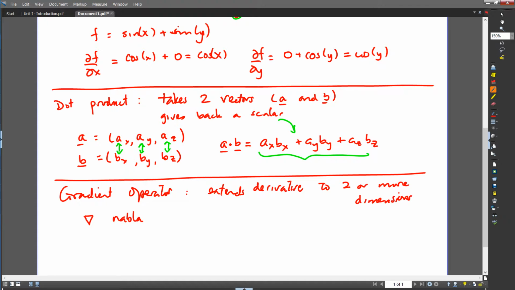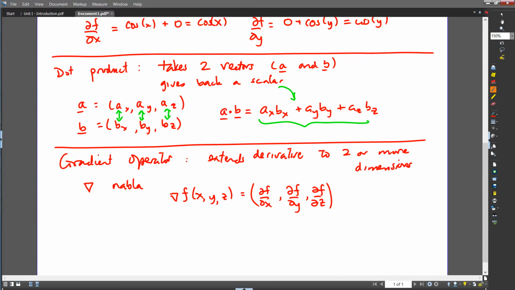And if I want to take the gradient of a function f, which depends on x, y, z, then what I do is I take df dx, df dy, df dz, and they form a vector. So the df dx is the x component of the vector, the df dy is the y, and the df dz is the z component. So this is something that takes a scalar and gives me a vector.